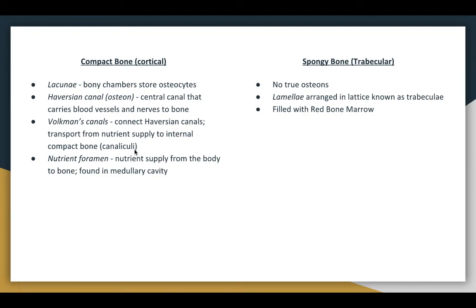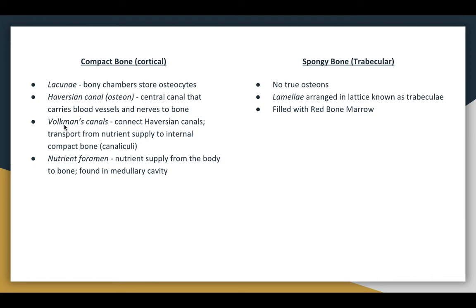All right, here's our comparison between compact bone and spongy bone. Compact bone is also called cortical bone. In compact bone, we see lacunae, which are bony chambers that store the osteocytes. The Haversian canals, or the osteons, which is a central canal that carries blood vessels and nerves to bone.